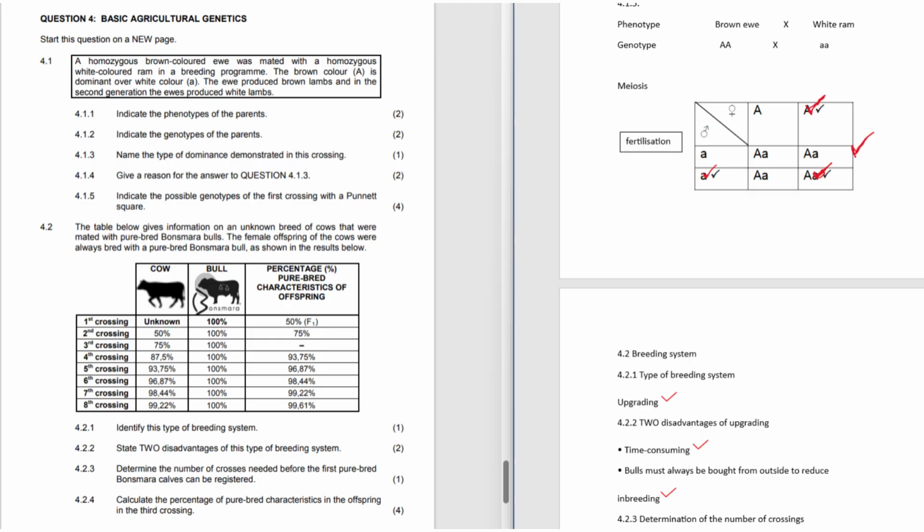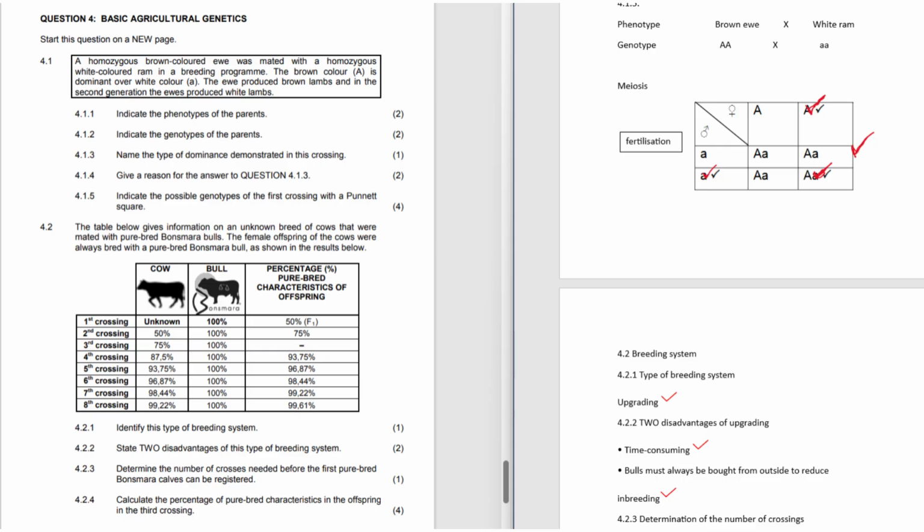Then, 4.2.1 talks about crossing to improve the herd. Yeah, 4.2, let's see. We have a scenario here. The table below gives information on an unknown breed of cows that were mated with pure breed Osmara bulls.